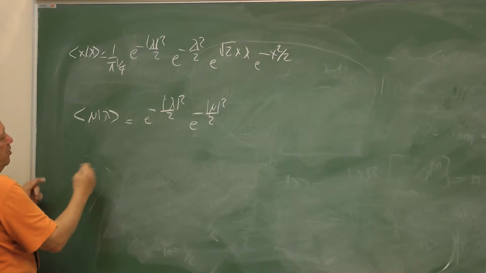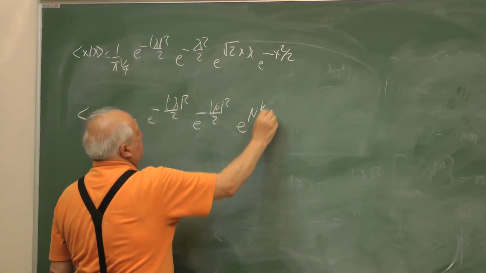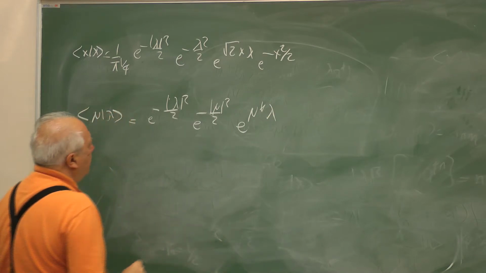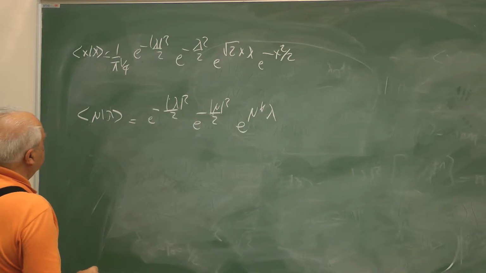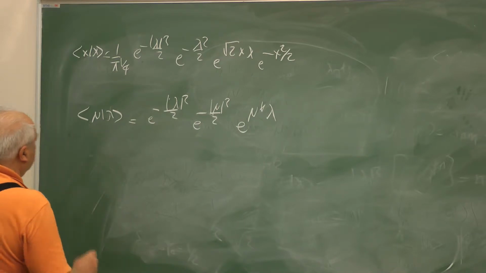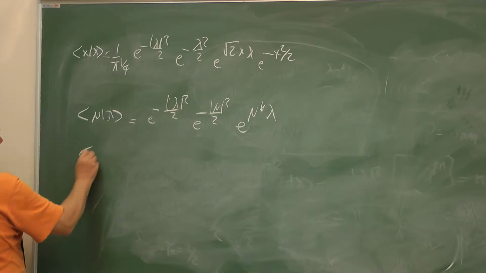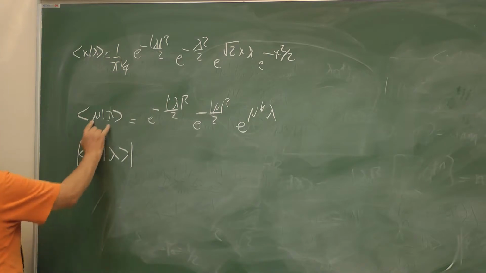And psi mu psi lambda, which we showed was e to the mu star lambda. So these states are not orthogonal. This is the probability amplitude.